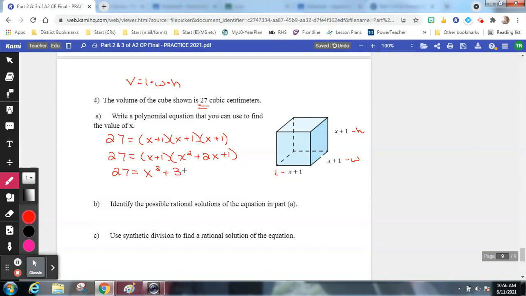After everything's cleaned up, it comes out to this. And then move to get the one side to be 0. It always has to be 0 when we're solving for x's and polynomials.